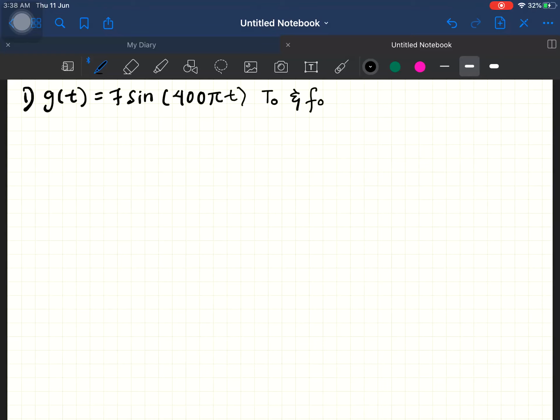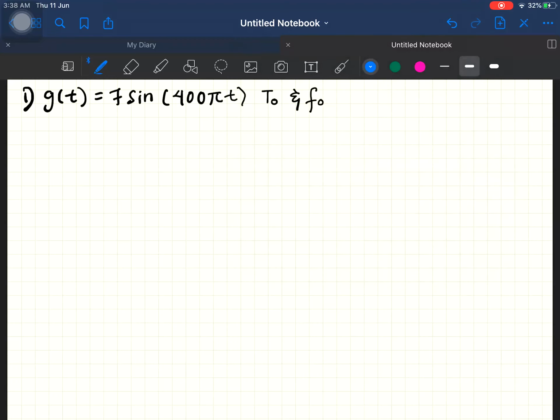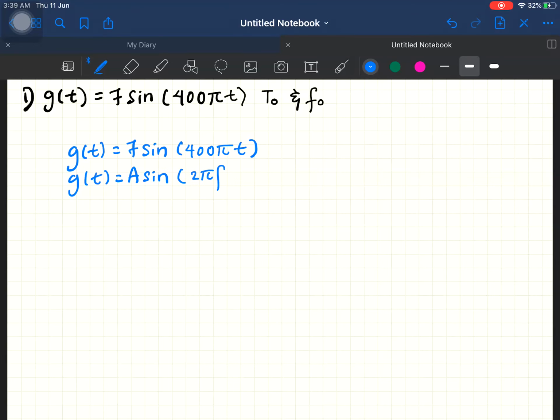If you look at the question here, you can actually write it like this. You make this equation equal to the general form of the sine function, which is sin 2 pi f naught t.